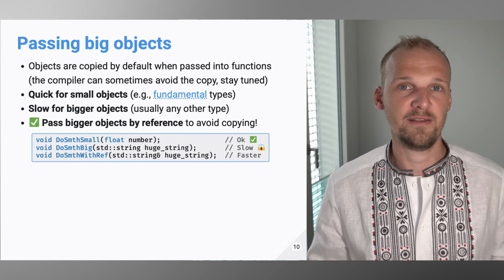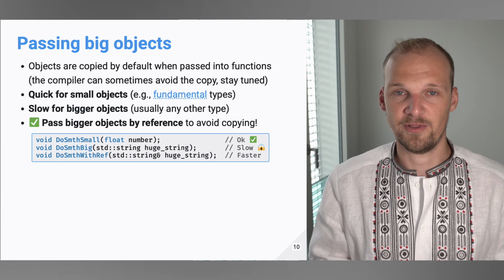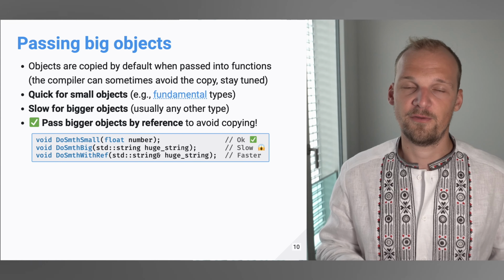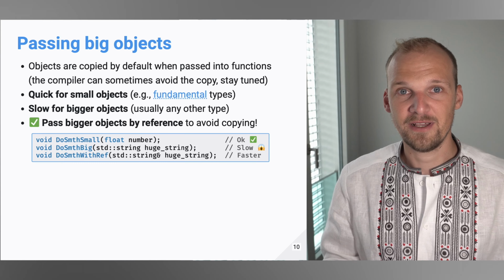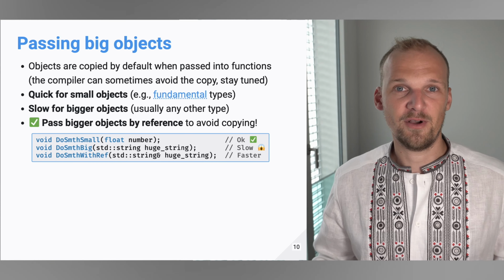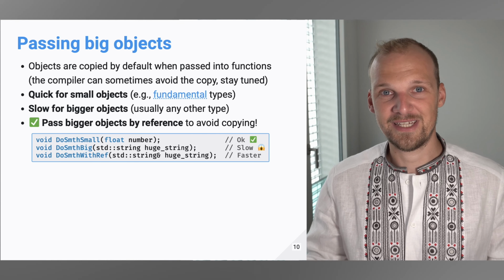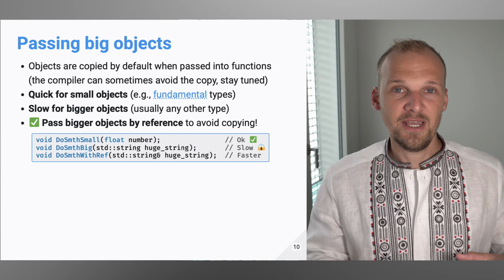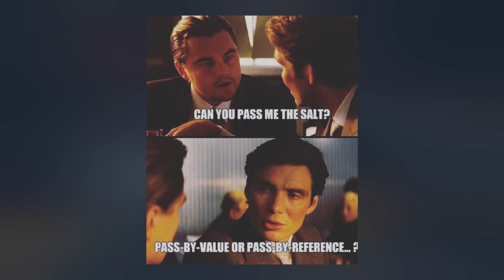So if you don't provide anything, if you don't do any additional actions, it will be copied into some other place, which is totally fine for very small objects, the ones of fundamental types, generally speaking. But it's not really that good if the objects are bigger, because then you copy a lot of memory, and copying memory takes a lot of time. So you want to pass the big objects by reference to avoid copying.